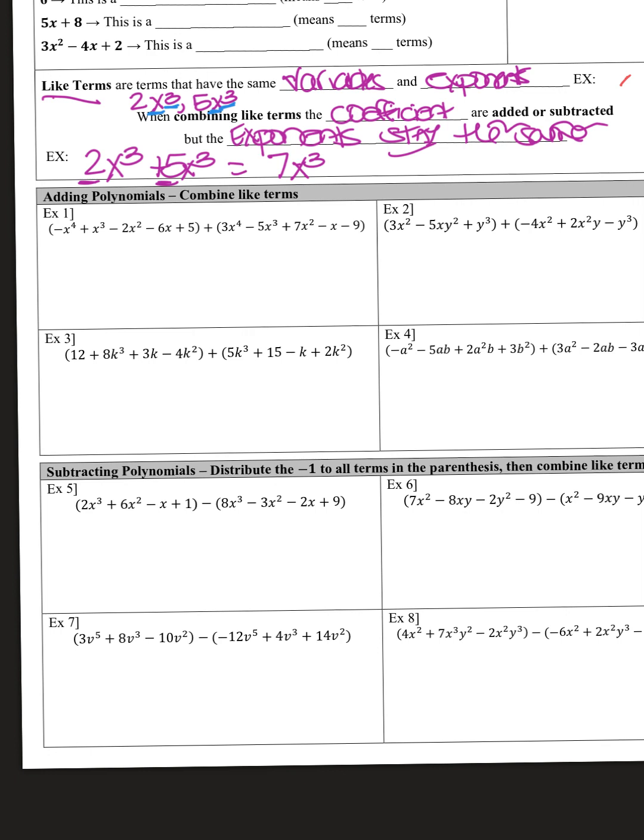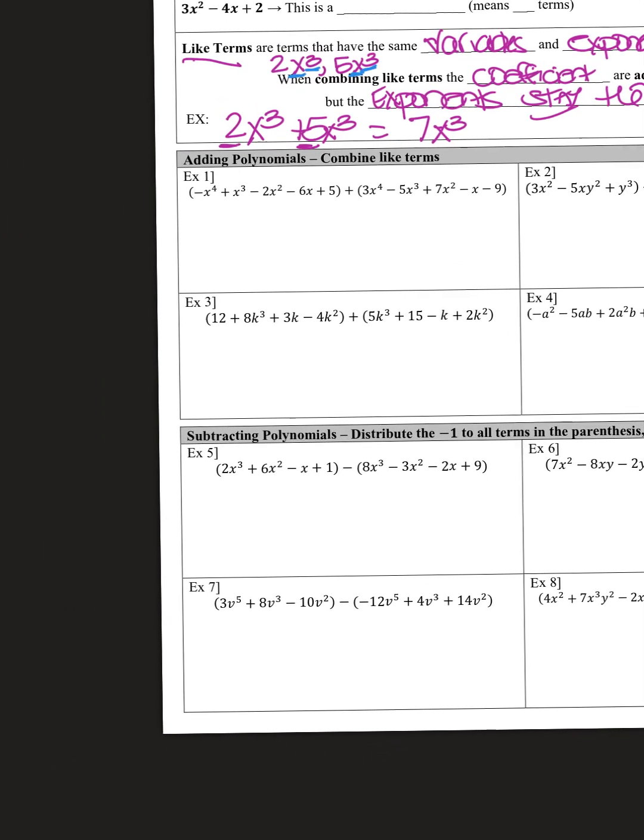Notice here, I did not do anything different with my exponents. I did not add them. The exponents with that variable are just indicating that these are like terms, okay? So when we're adding and subtracting polynomials, we're not changing the exponents at all. We are simply adding and subtracting the coefficients.